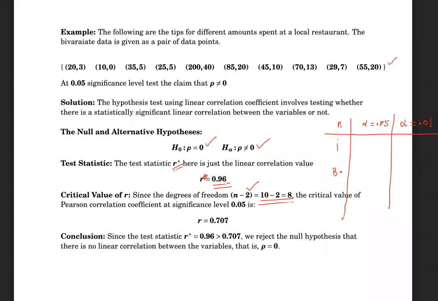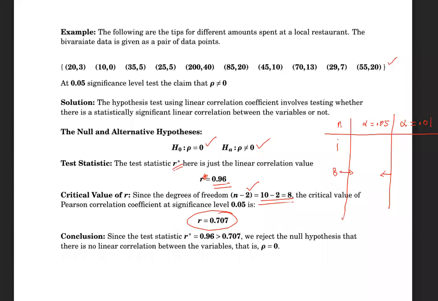And look here, what value is it? Give me that value, everybody. Look at it quickly. Look at the table, page number 3, and you'll see the correlation coefficient table. 0.707. I have it here too, right? 0.707.